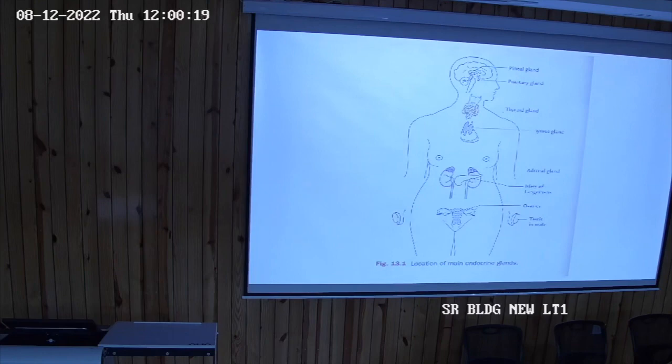On the roof of the sphenoid bone, there is a groove or depressed area, called the sella turcica. Located in the sella turcica, in the groove at the roof of the sphenoid bone, is the pituitary gland.